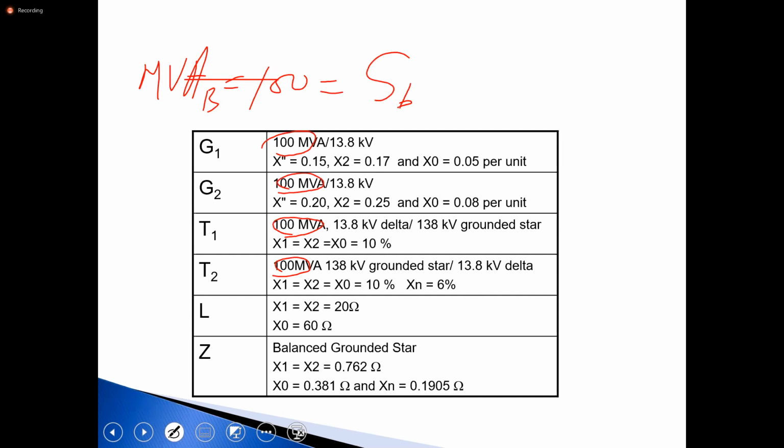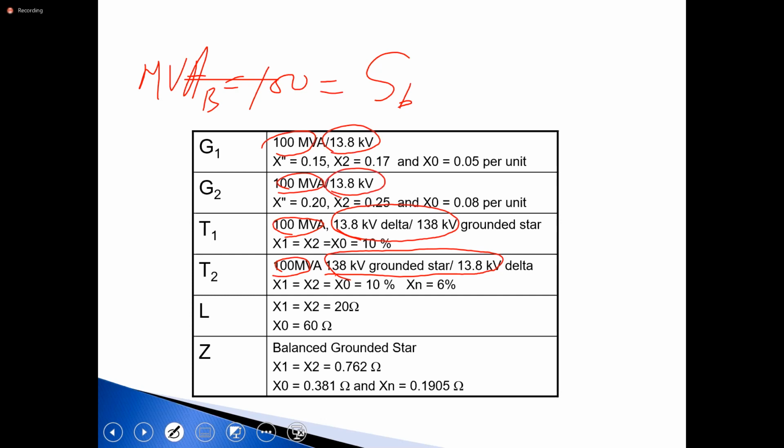Next, we take a quick look at the transformers. And we see that one is 13.8, 138. One is 138, 13.8. All right. And of course, you look at the generators, that's 13.8, 13.8.